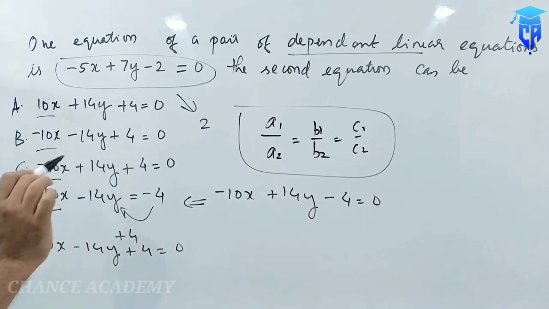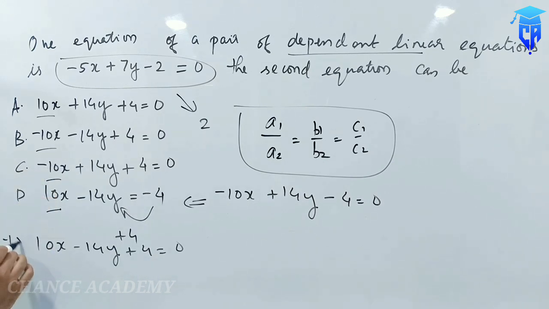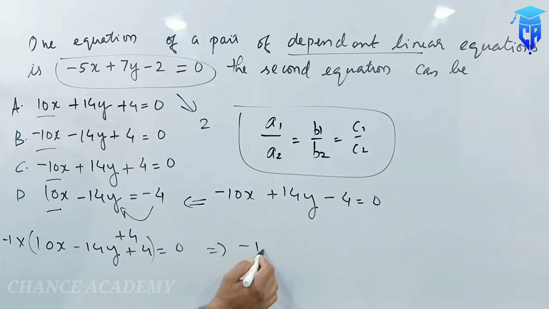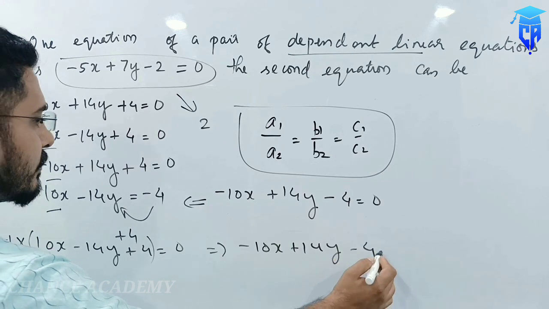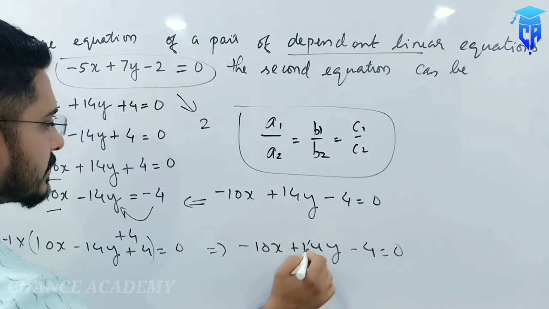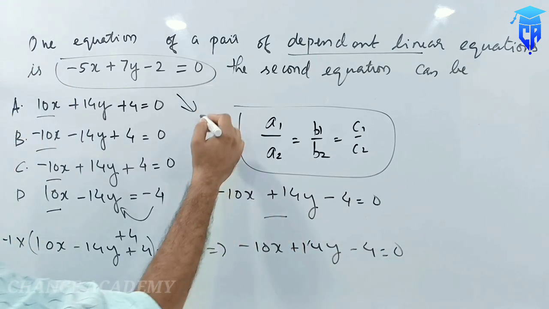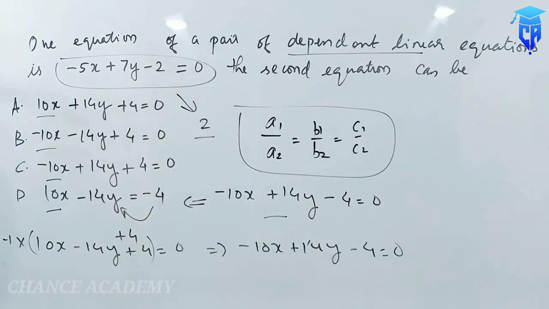If I'm multiplying with minus 1 for this equation, that will change to minus 10x plus 14y minus 4 is equal to 0. So that's the equation that we are getting by multiplying the given equation with 2.